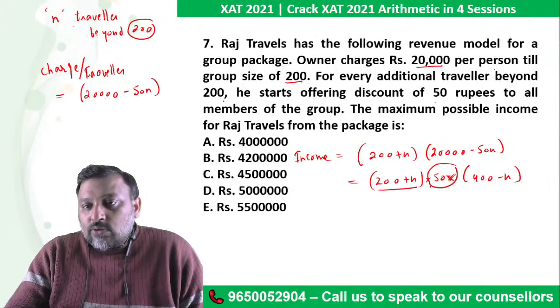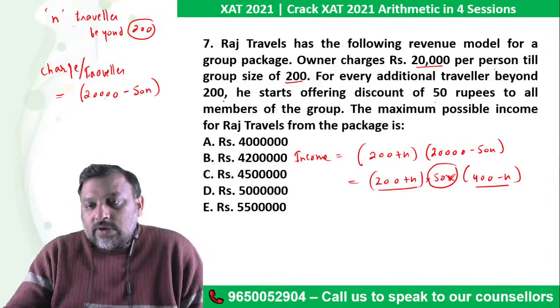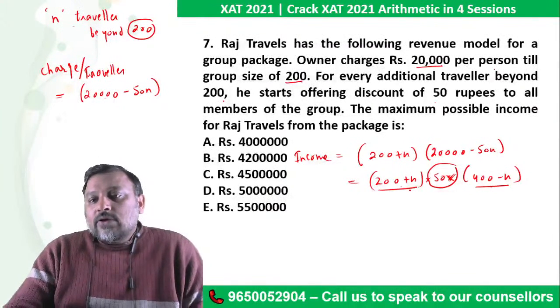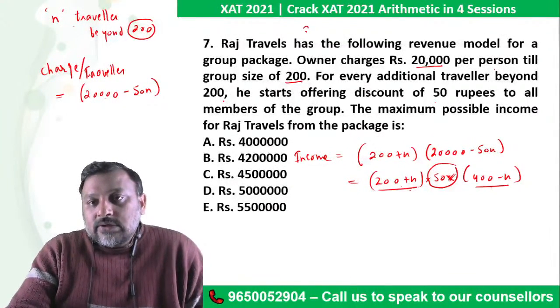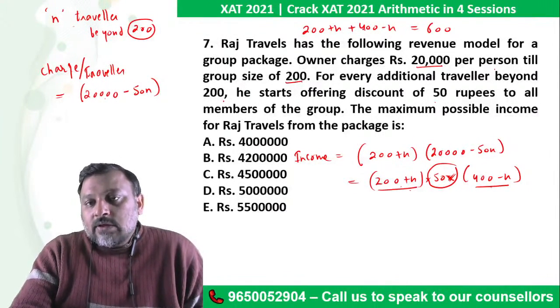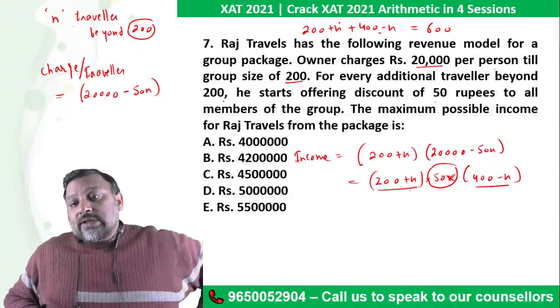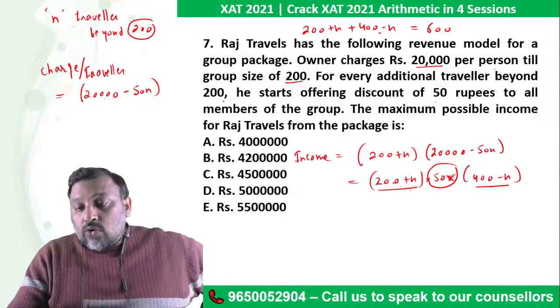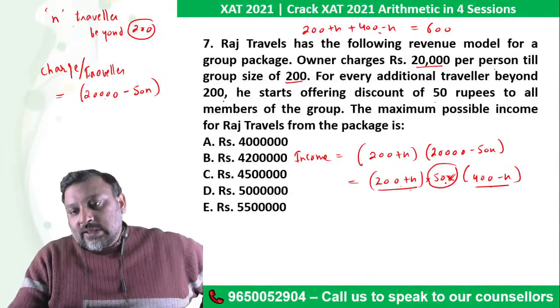You just need to maximize this value. And please keep this in mind: if you look at their sum, 200 plus n and 400 minus n, the sum is 600. Whenever the sum is constant, the closer the numbers are, the more would be their product.